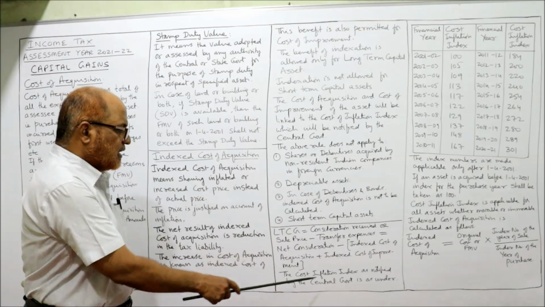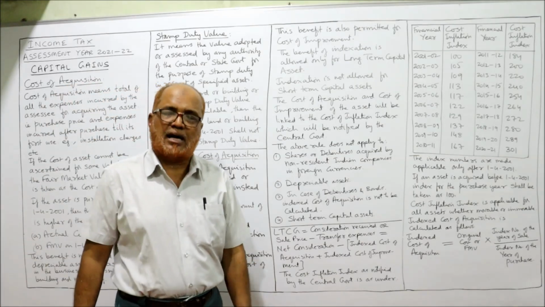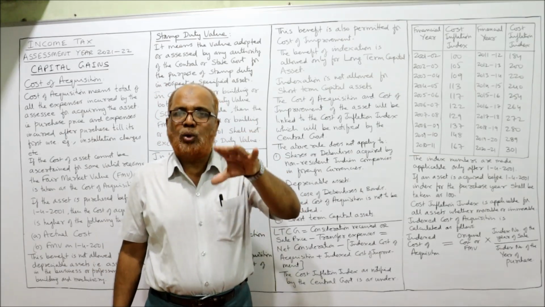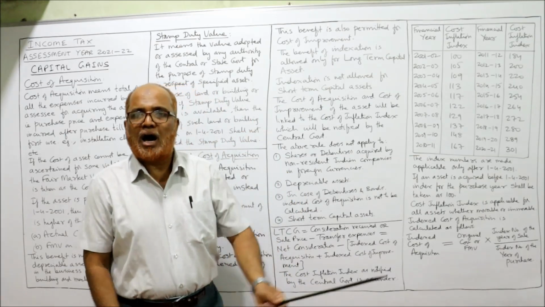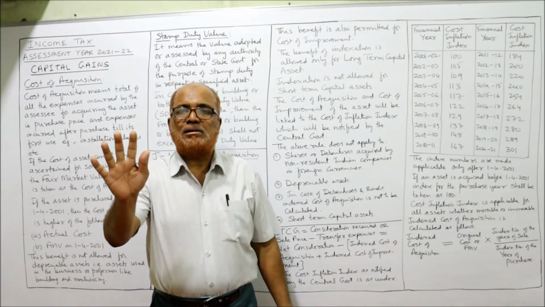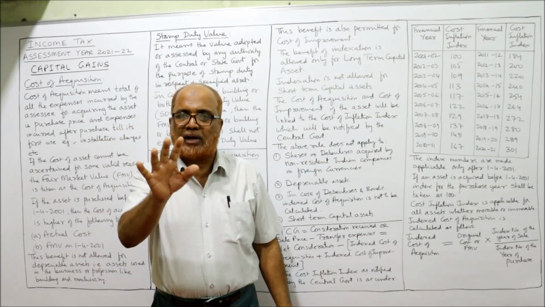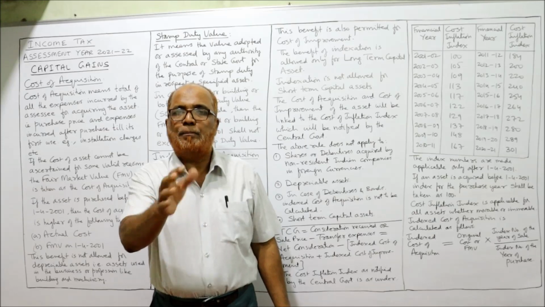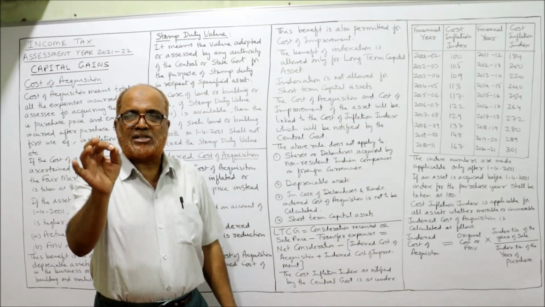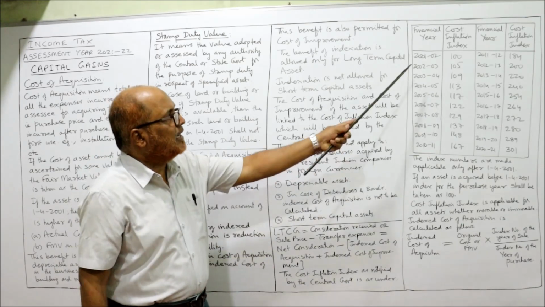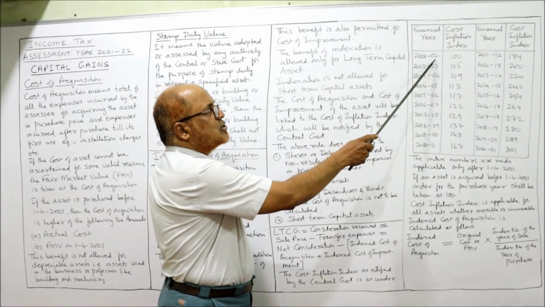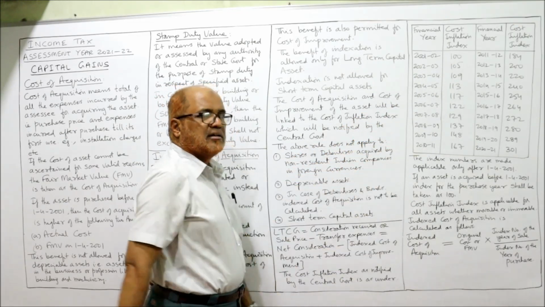So the cost inflation index as notified by the central government is as under. The index numbers notified by the central government start from 2001-2002. No index numbers are available presently for income tax purposes before 2001-2002. So 2001-2002 cost inflation index is 100.